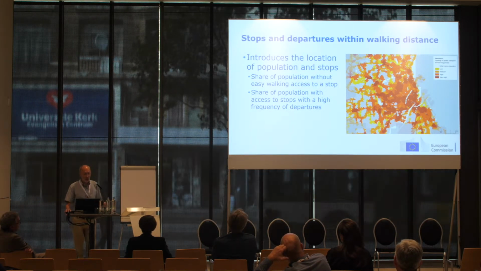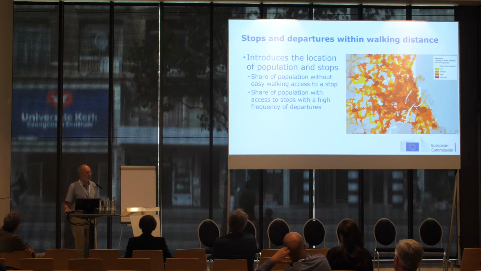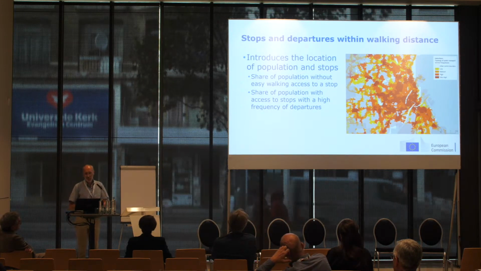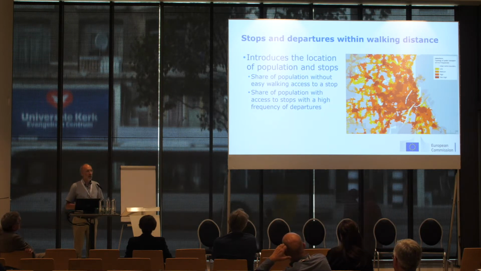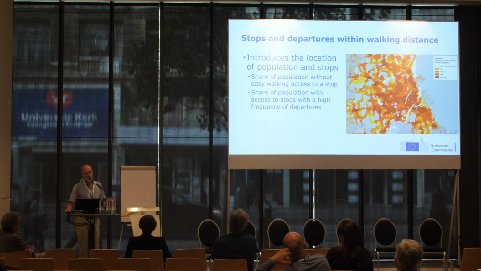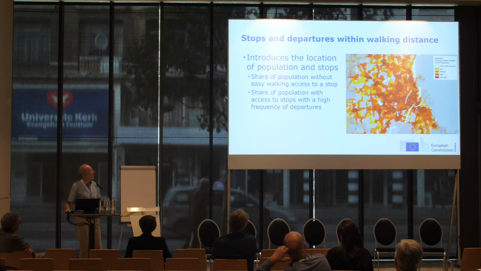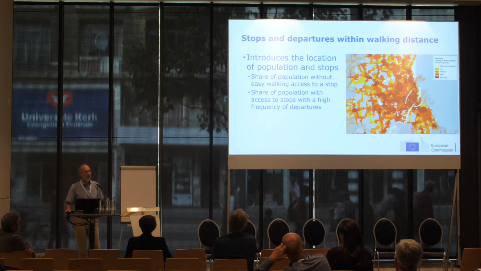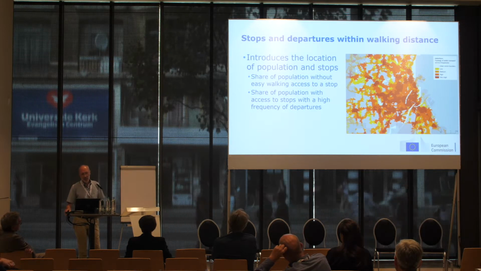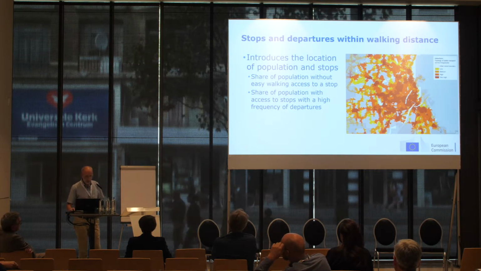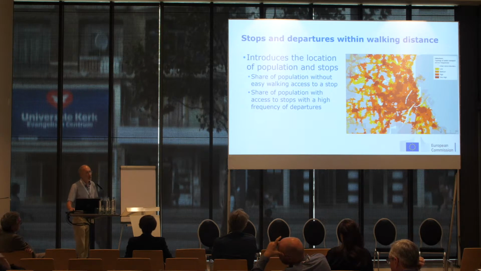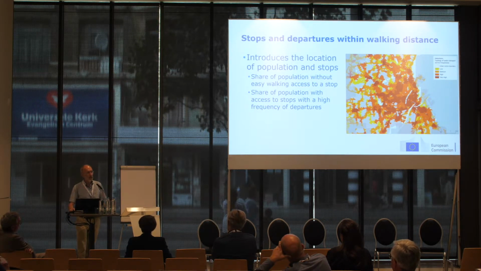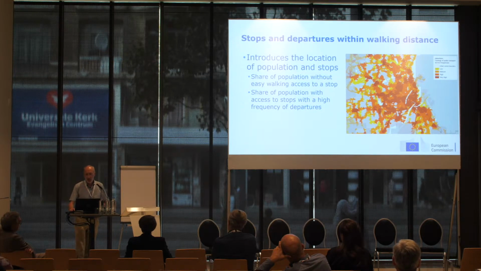We can, for example, compute the share of population that has no services at all at walking distance, that lives just a bit too far from any stop, or also the share of population that finds a very high or high frequency of services in their neighborhood. Okay, that's all very fine in order to inform about the availability of the services in your neighborhood.